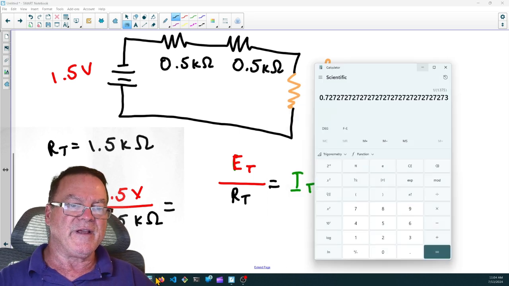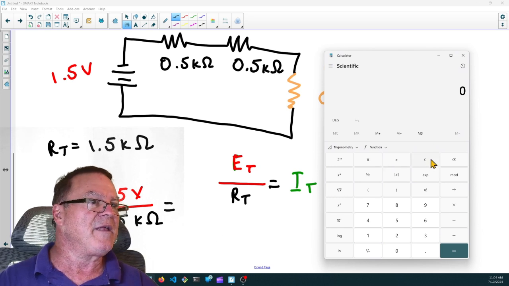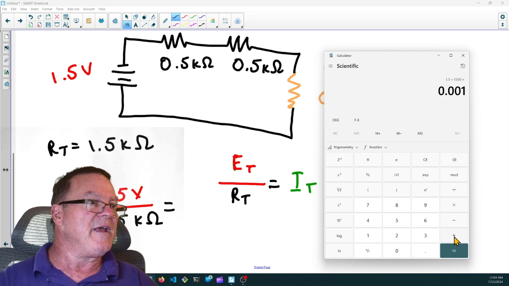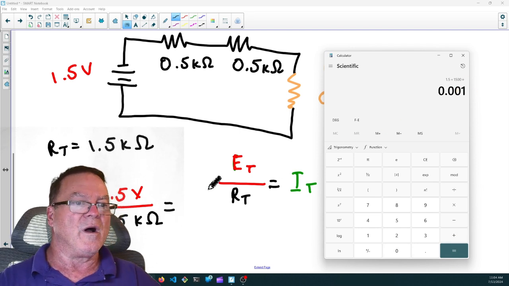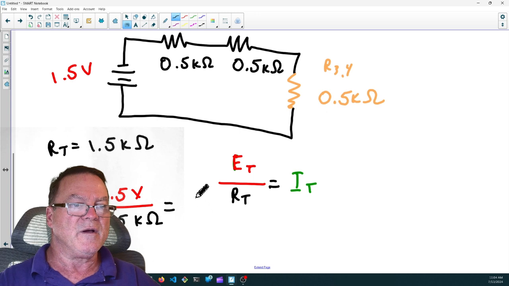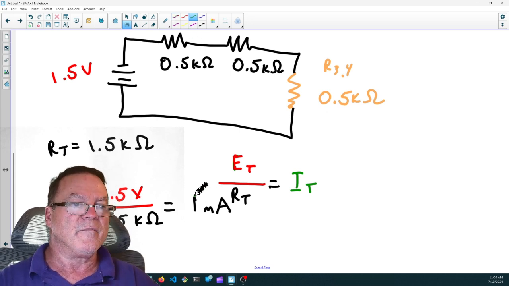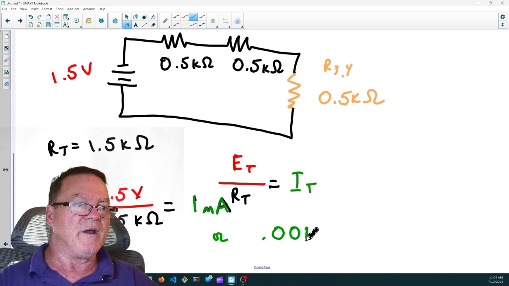And with our calculator, I'll just check my math, saying 1.5 divided by 1,500 equals 0.001. So it equals 1 milliamp, or 0.001 amps.